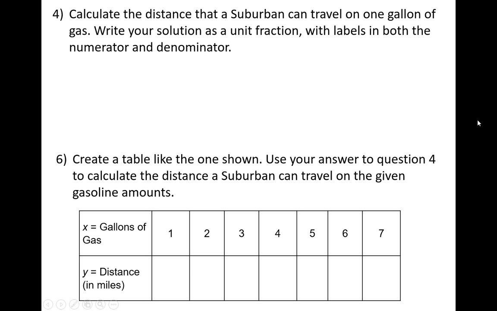Let's keep going. It says calculate the distance that a Suburban can travel on 1 gallon of gas. Write your solution as a unit fraction with labels in both the numerator and denominator. So it was 21 miles on 1 gallon of gas.